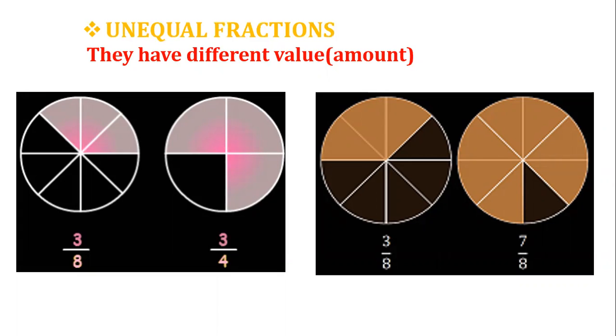In spite of having the same denominator, they are different fractions. So both examples are unequal fractions. In spite of having an equal numerator or equal denominator, it is not necessary that the fractions will be equivalent. The value has to be the same.